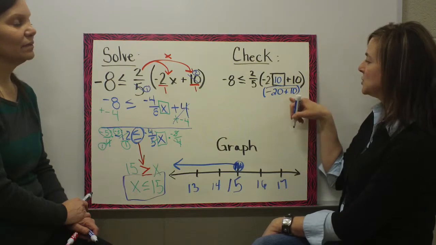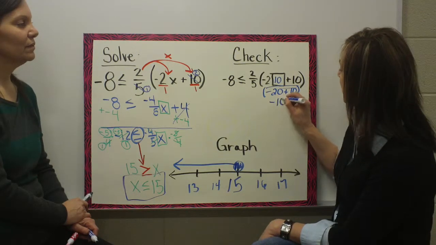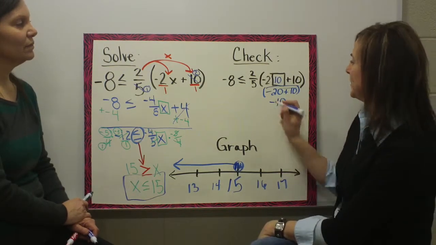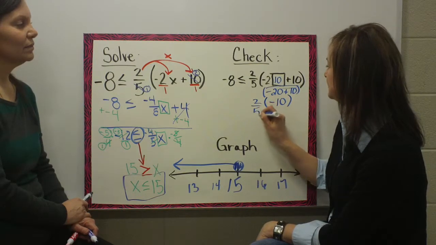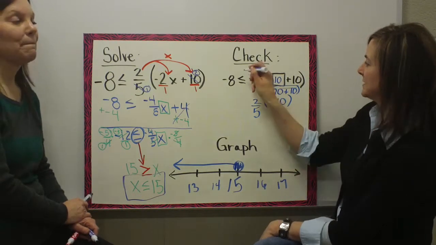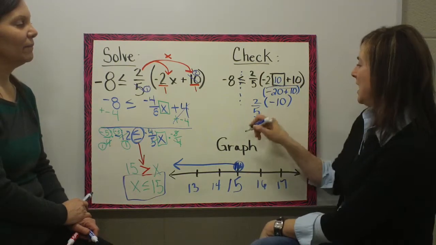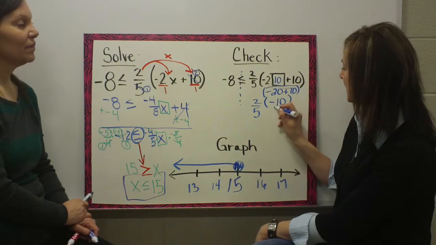So negative 20 and 10, different signs, find the difference. So I have a negative 10 when I get all of this solved out. I'm going to bring down my 2/5. And then, because I'm focusing on this side of the inequality, I am going to finish this out by multiplying 2/5 times a negative 10.